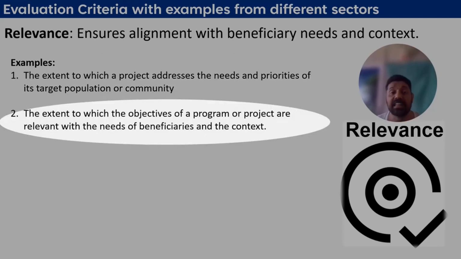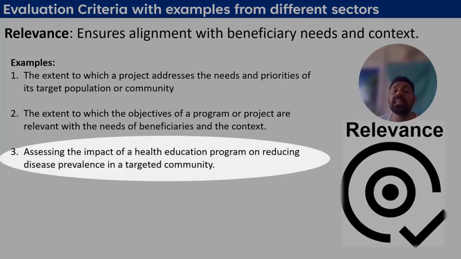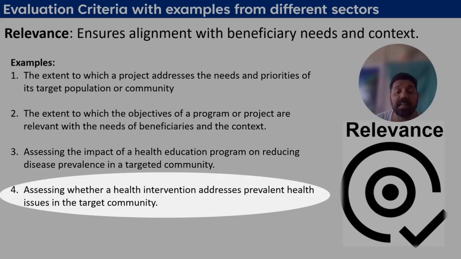The next one is the extent to which the objectives of a program or project are relevant to the needs of beneficiaries and the context. Similarly, assessing the impact of a health education program on reducing disease prevalence in a targeted community, and assessing whether a health intervention addresses prevalent health issues in the target community or not.